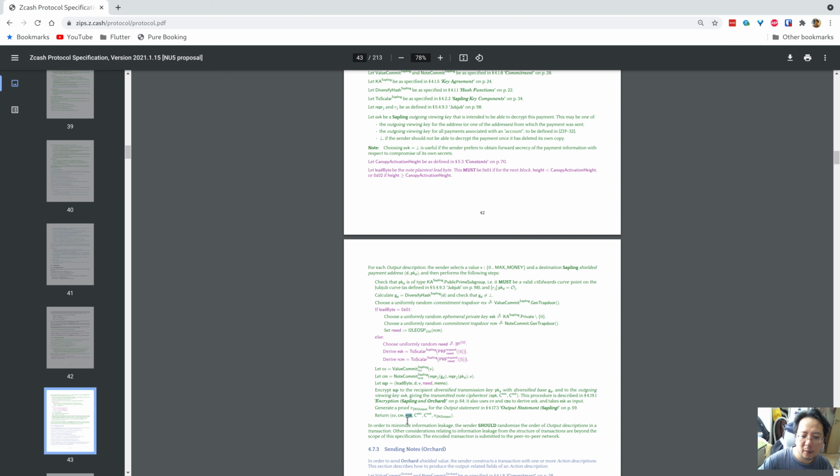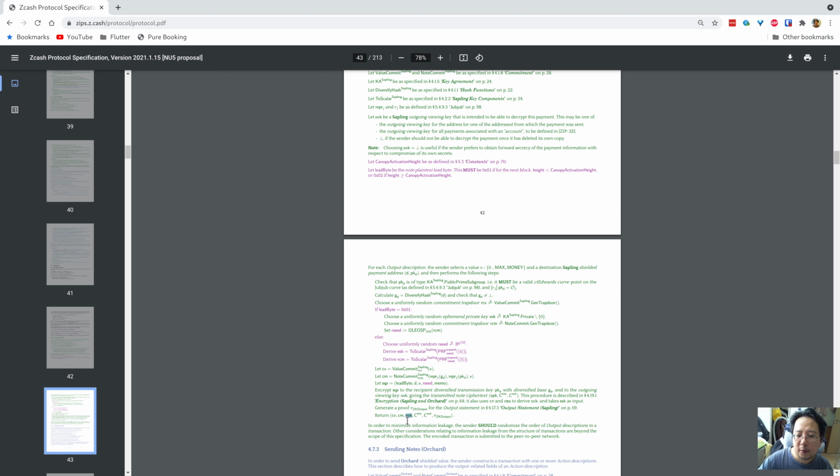That's one thing. So that pretty much covers the output side. There's other things like the binding signature, but for our level of understanding, we just need to be aware that that's what you have.